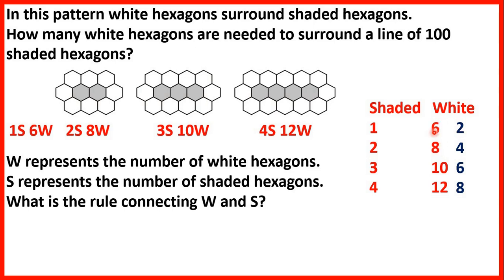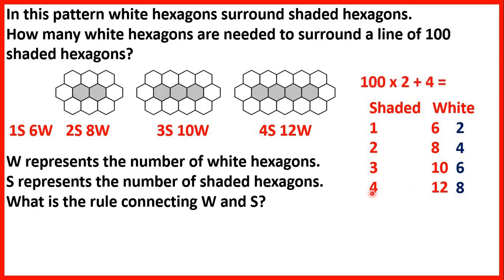So 2 plus 4 is 6, 4 plus 4 is 8, 6 plus 4 is 10, 8 plus 4 is 12. So that tells us that what we need to do is to multiply the number of shaded hexagons by 2 and then add 4. So for example, if we have 4 shaded hexagons, we multiply that by 2 to get 8 and then add 4 to get 12.